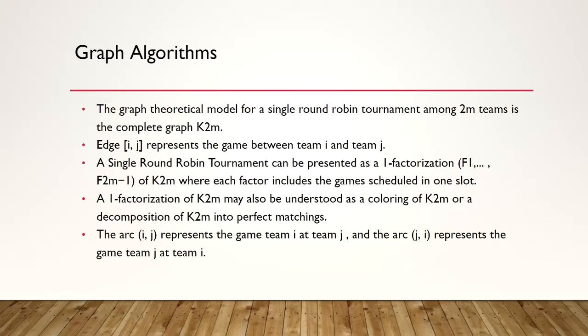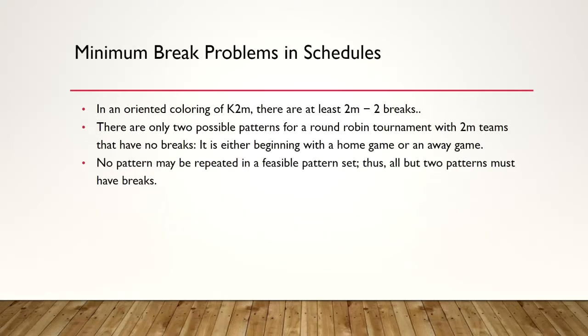So, minimum break problems within schedules. In an oriented coloring of K2M, there are at least 2M minus 2 breaks. What this means is, within this graph, there is at least a number of break slots.